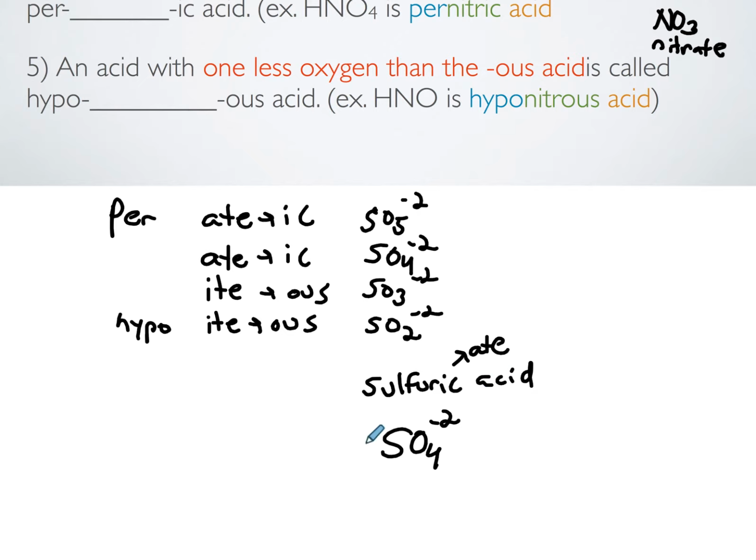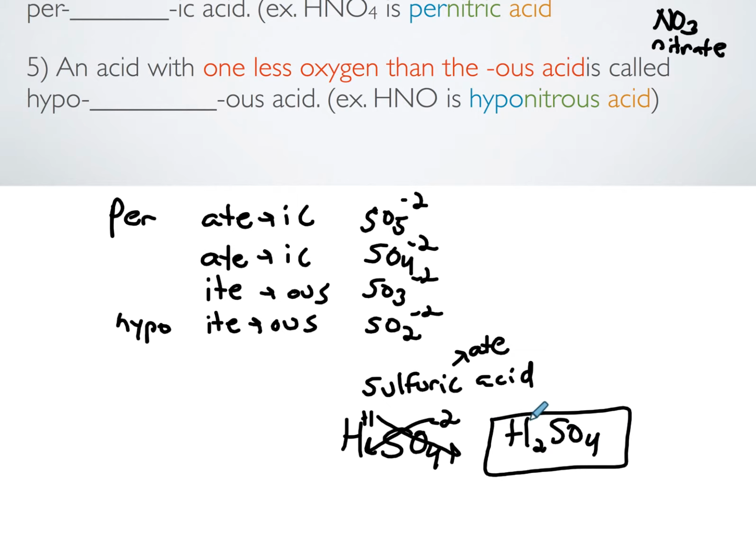I also know it's an acid, so there has to be hydrogen out in front. All of these acids have hydrogen. Hydrogen only has one electron to lose, so it has to be a +1. This is just like ionic formula writing. I cross my charges down, and I have H2SO4. So that would be my formula for sulfuric acid.